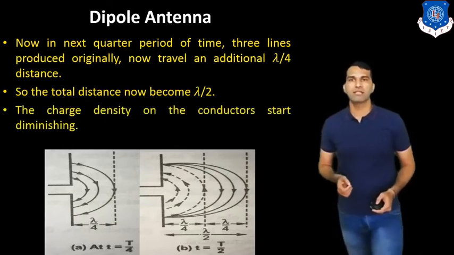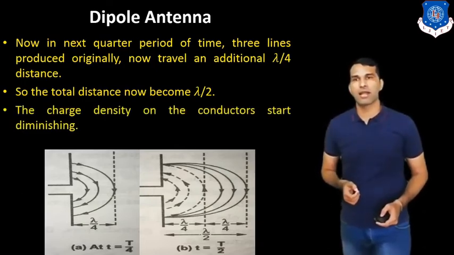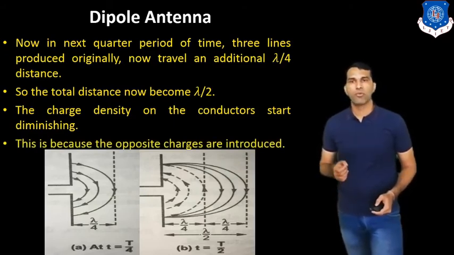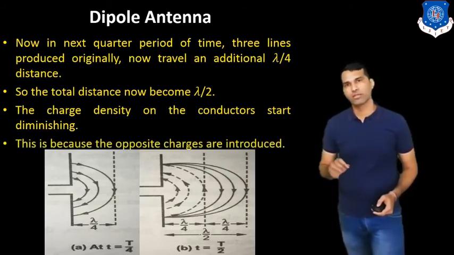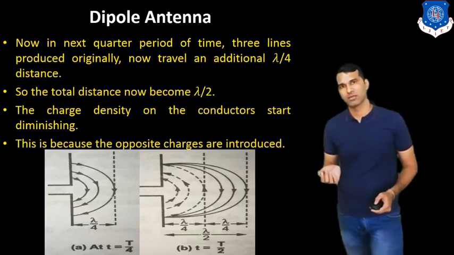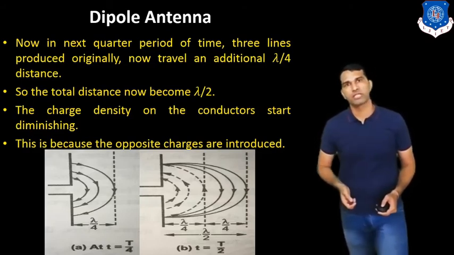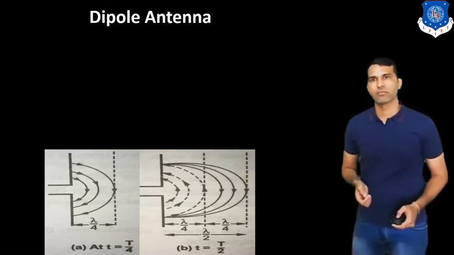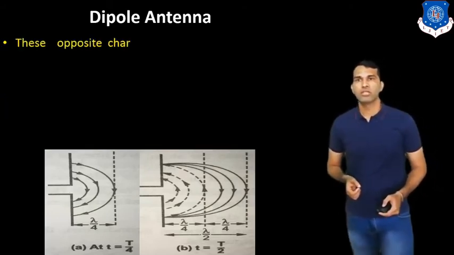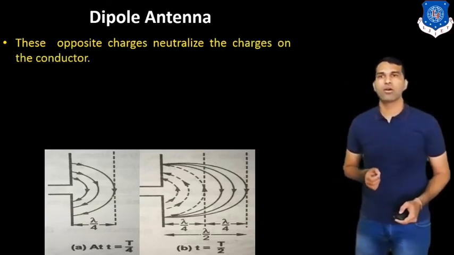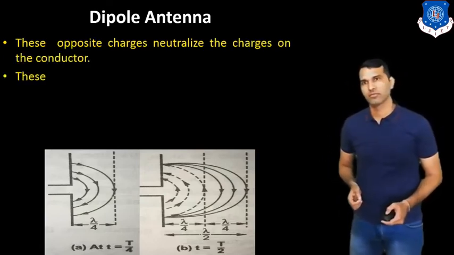So the charge density on the conductor starts diminishing. This is because the opposite charge is introduced. This opposite charge neutralizes the charge on the conductor.